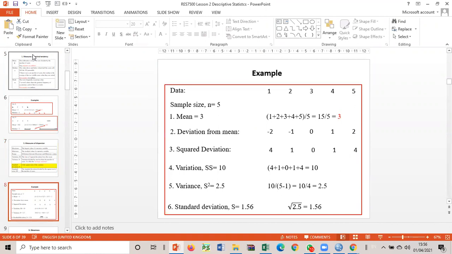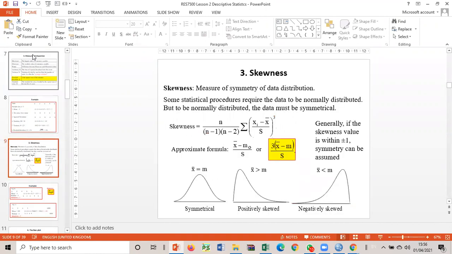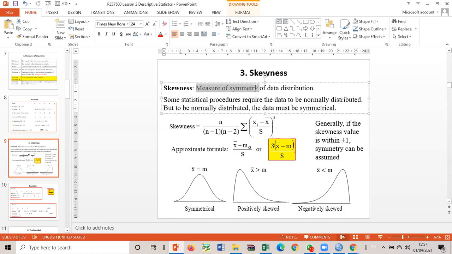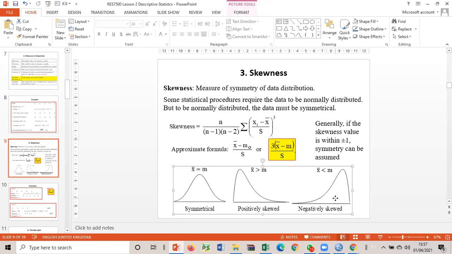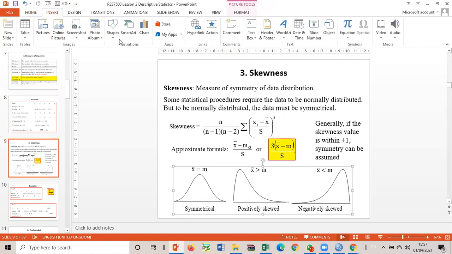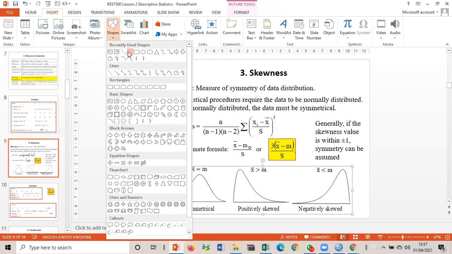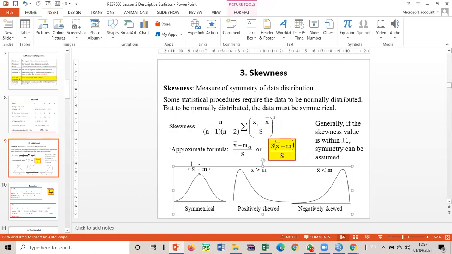Now, taking these two, we go into skewness and distribution. Look at the formula. Skewness is a measure of symmetry. Look at the three figures below. Is the first one symmetrical? Symmetry means what? The same on both sides.